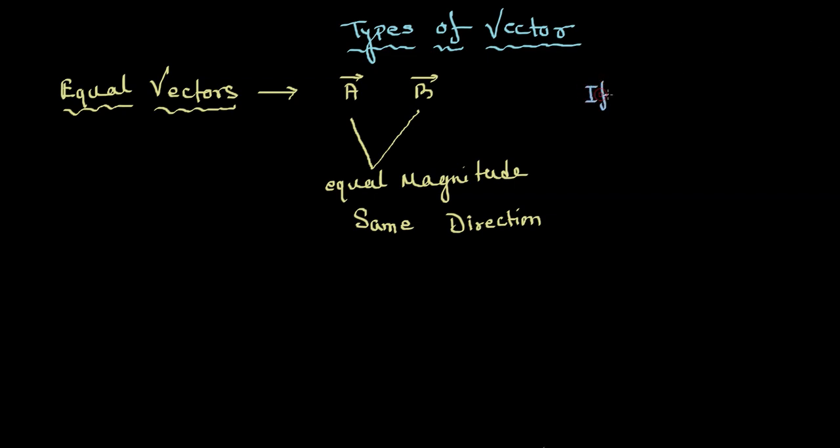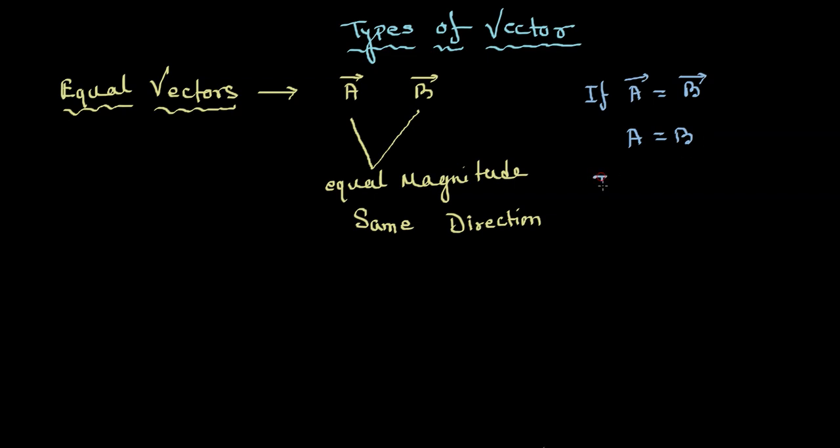So it is a very important concept. If A vector is equal to B vector, then it must also be satisfied that A is equal to B. The first one is in vector, the second one is in magnitude.